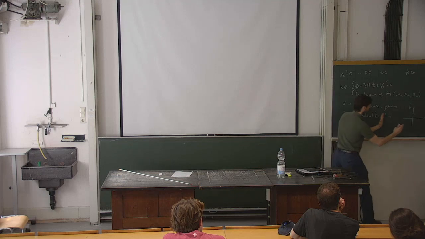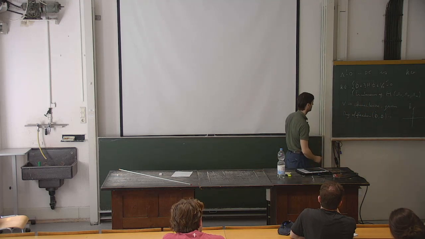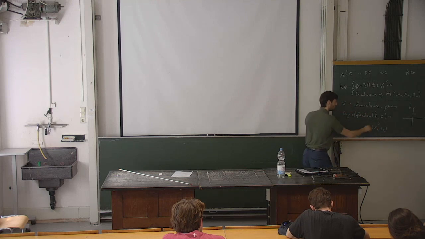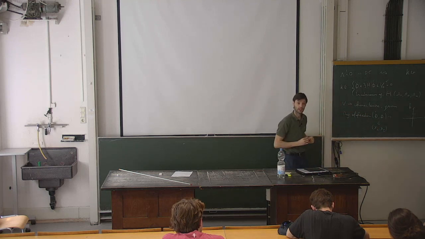So what we are going to do is to characterize the phase space position, and in doing that, we are going to introduce two new variables, x1 and x2, just for convenience.